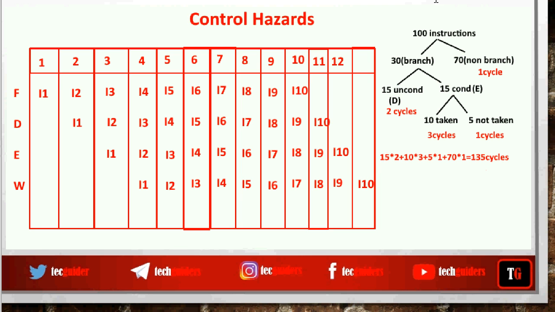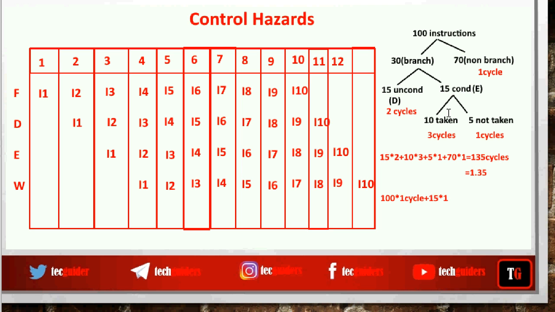In other words, we can say all the 100 instructions need 1 cycle for execution. Some of the instructions need some extra cycle. Because of the 15 unconditional branches, there are 15 instructions which require an extra cycle. The branch target is computed in stage 2. Thus, the extra cycle required is 2 minus 1. Thus, there are 15 instructions which need an extra 1 cycle.